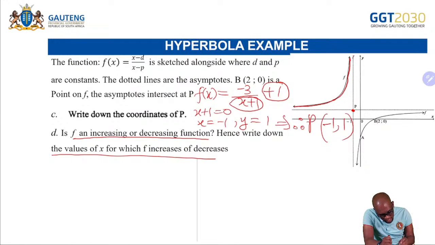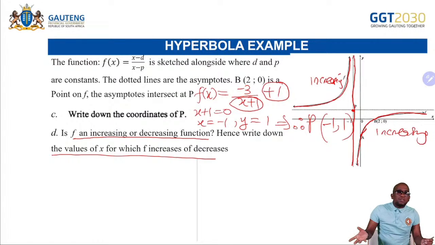But it increases and stops there, becoming restricted by the asymptote. If we check the next arm from left to right, still when x increases, y is also increasing. So this arm is increasing. Also, this arm is increasing.